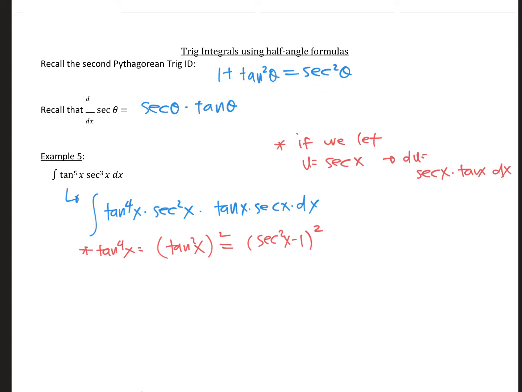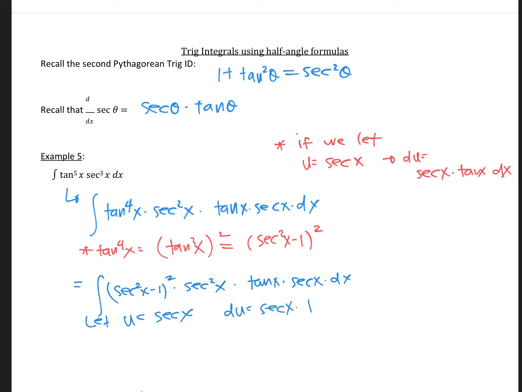So I'm going to rewrite the whole thing: (secant squared x minus 1) squared times secant. That's a lot of writing. Let u be secant x, and then du is secant tangent dx.